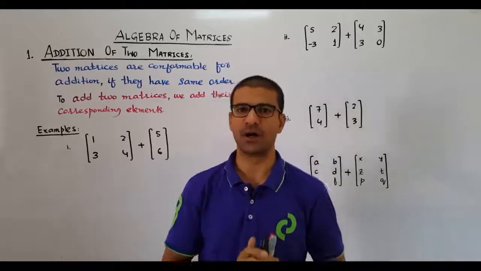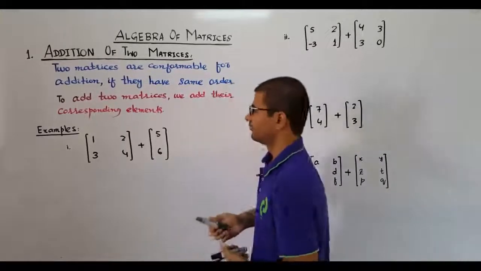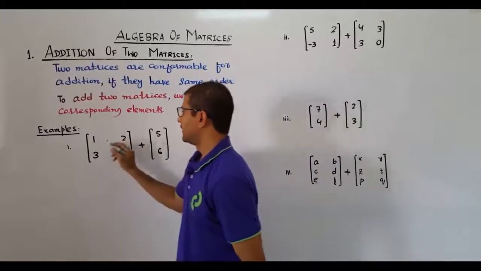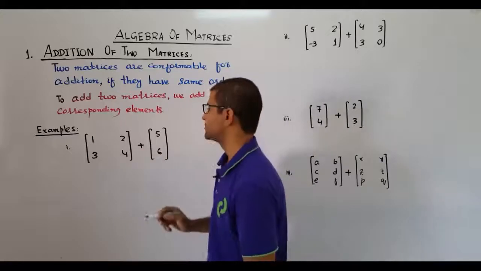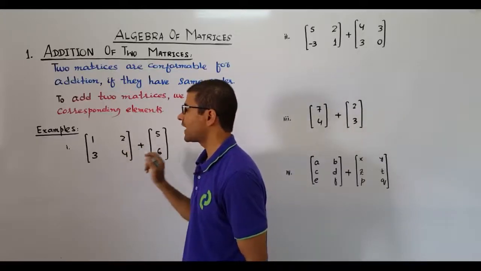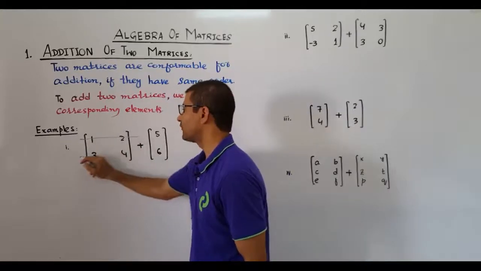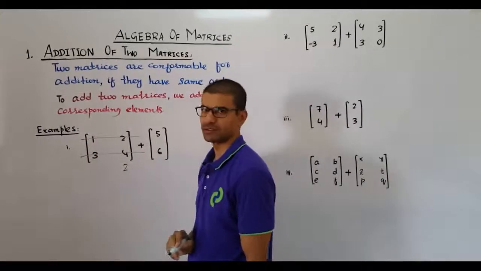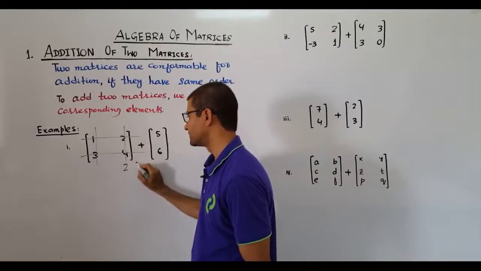This is known as order of matrices, rows by column. For example, we have two matrices, can we add or not? First we will check. For this we have to write their orders. Order means number of rows, there are 2 rows, and number of columns, there are also 2 columns.